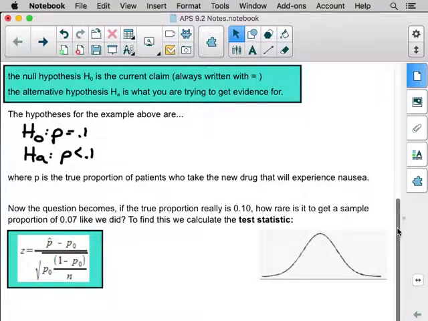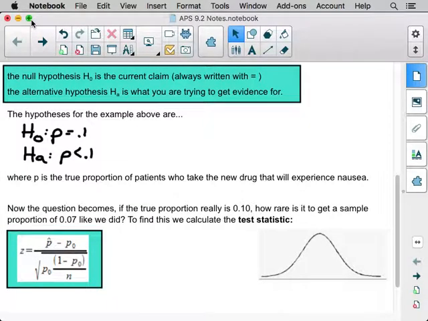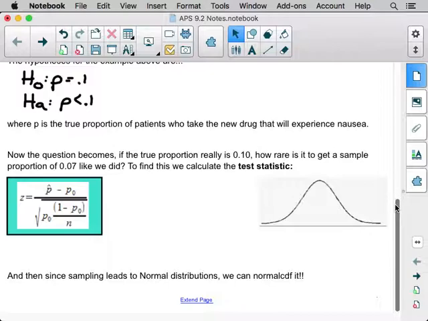All right. So the next thing we want to consider, the real question here, is how rare is our sample? If the true proportion really is 10%, how rare is it to get a sample like ours? How rare that is comes from calculating a z-score.